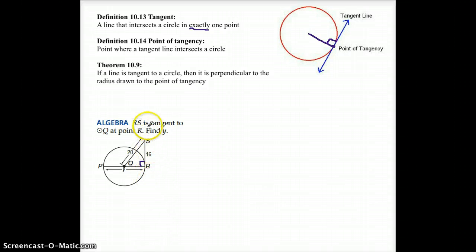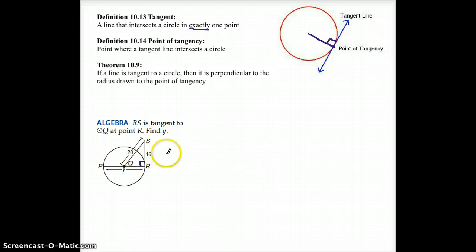But you can have tangent lines, tangent segments, and tangent rays. So if this is a right angle based on my theorem 10.9, perpendicular at my point of tangency, then I have a right triangle, and so I can use the Pythagorean theorem to solve for the one missing side.